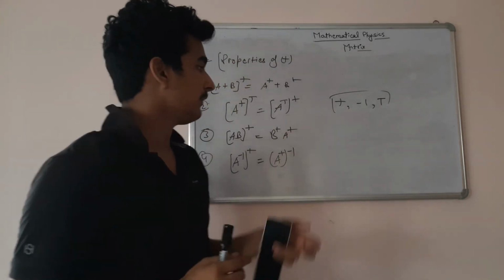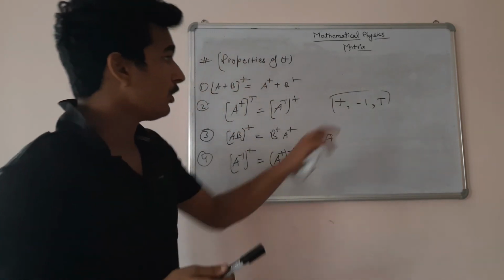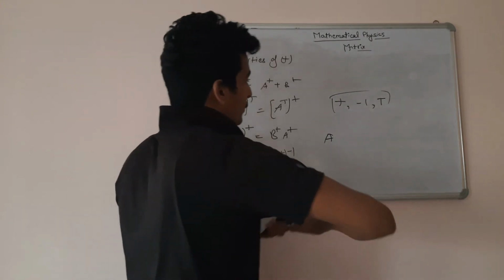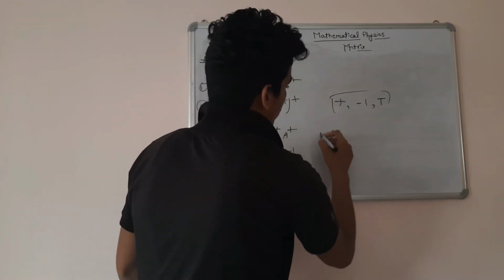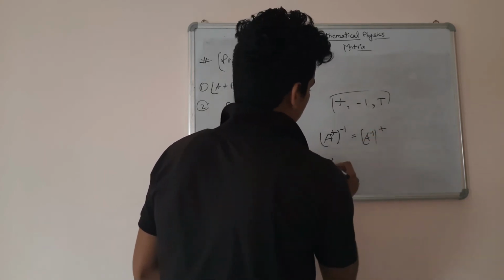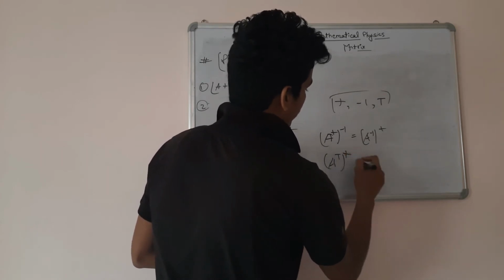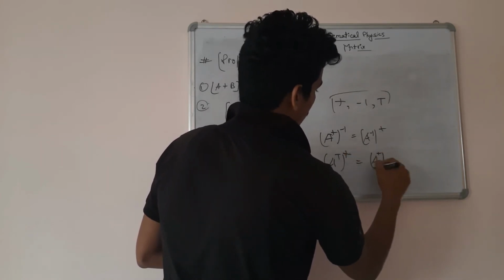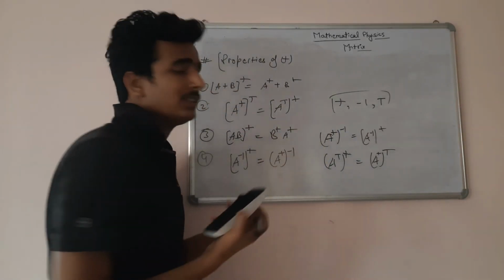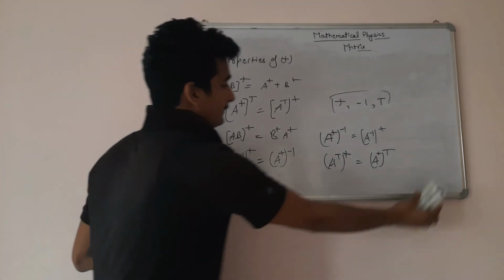For a matrix with any two of these operations, the order of the operations doesn't change our result. Whether you do dagger first and then inverse, or inverse first and then dagger, it is the same. Similarly, whether you do transpose first and then dagger. So these are the simple properties of dagger.